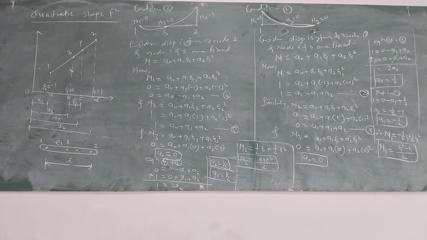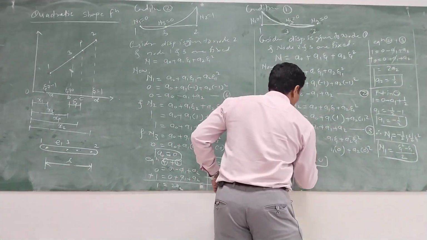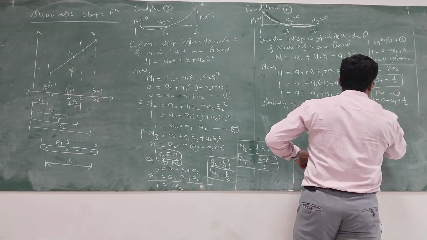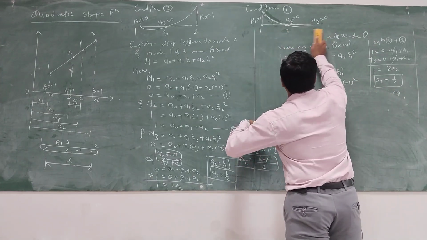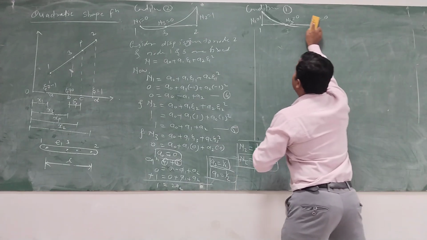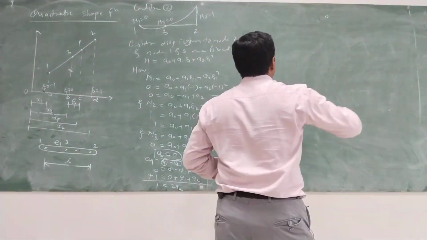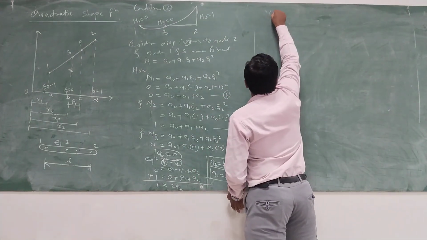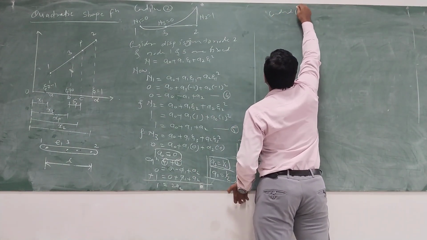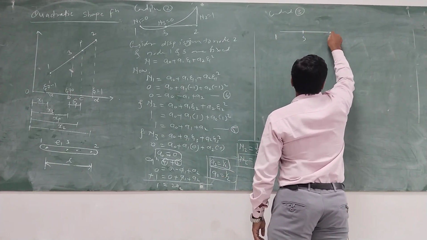Now similarly we'll solve for node 3, and for that we'll have to consider the third condition. The third condition will be, here we'll have to give the displacement to node 3 and keep node 1 and node 2 fixed. So I'll just show the condition. Condition 3: nodes 1, 3, 2.